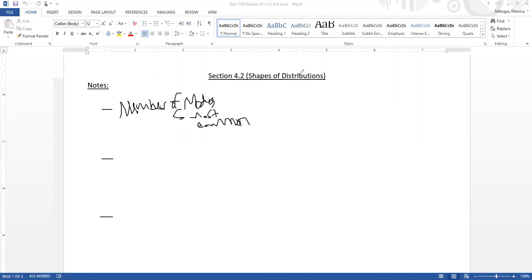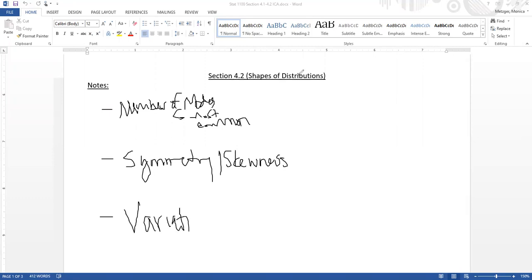It could also be described by symmetry or skewness, and we'll talk more about that in just a second. And lastly, the shape can also be determined by the variation of the data set.